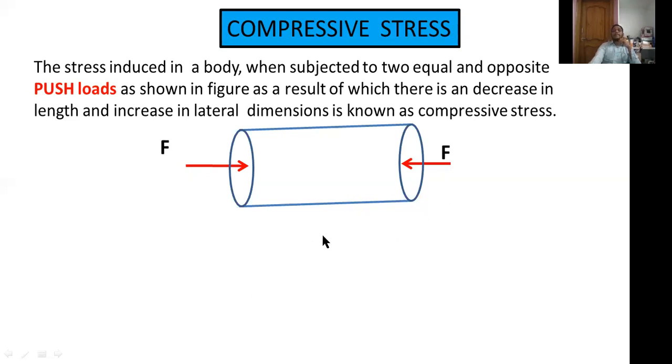Here this is the length of the component. When you are applying compressive or push forces, the length of the component may decrease, and the other dimensions, that is the diameter of the component, may increase.